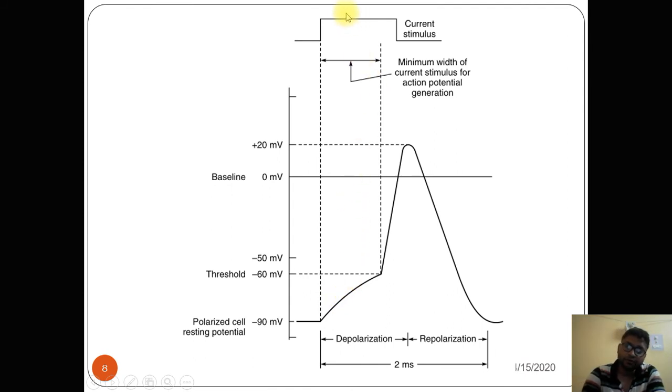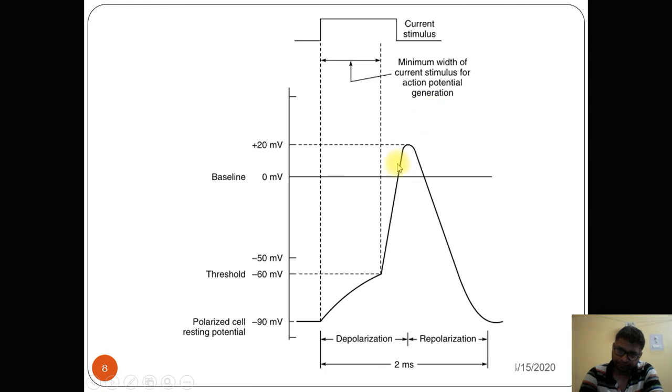But suppose the stimulus vanishes here. Since the potential does not reach the threshold value, the action potential does not take place.